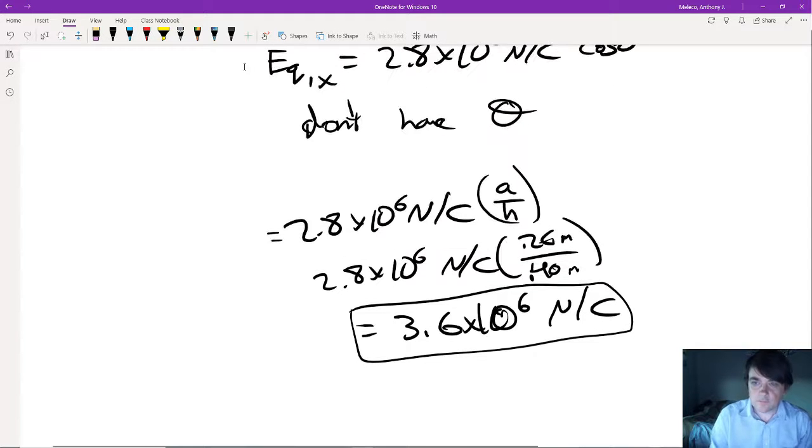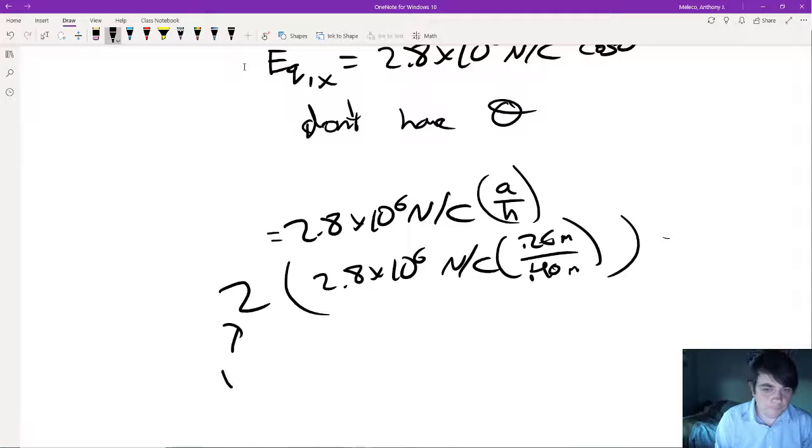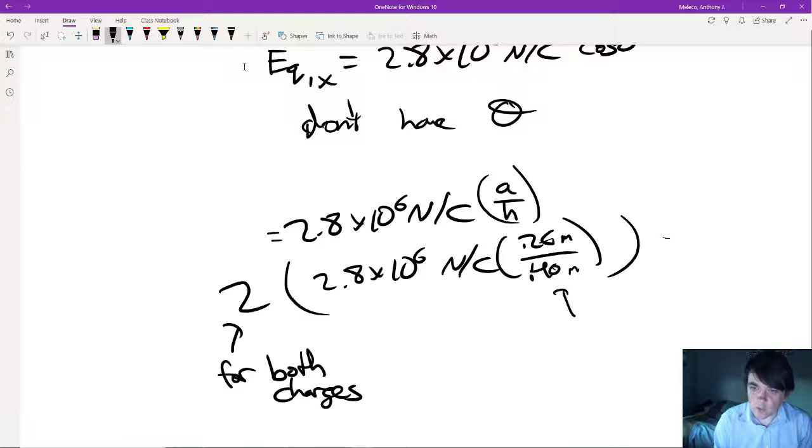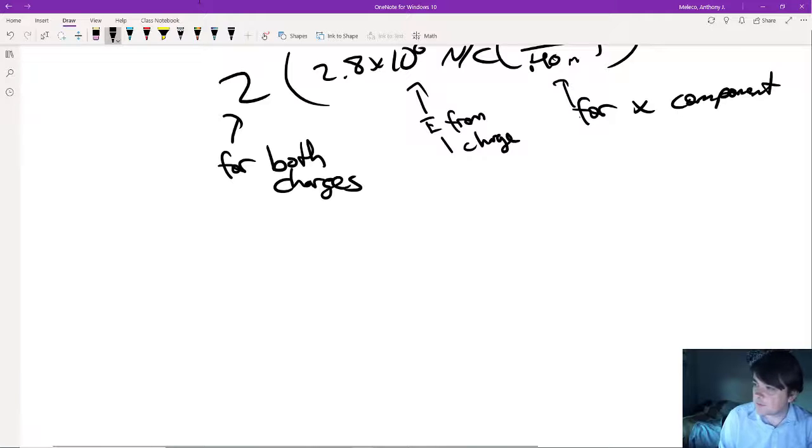So we have this set up, and then we need to multiply it by 2, okay? And so this is for both charges. And this was, again, the x component, and this was E from one charge. Okay, so you multiply all that, and you get 3.6 times 10 to the 6 newtons per coulomb.